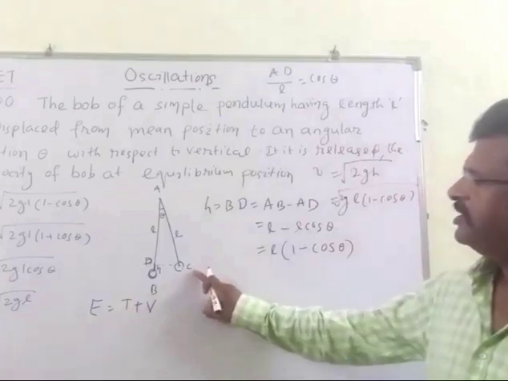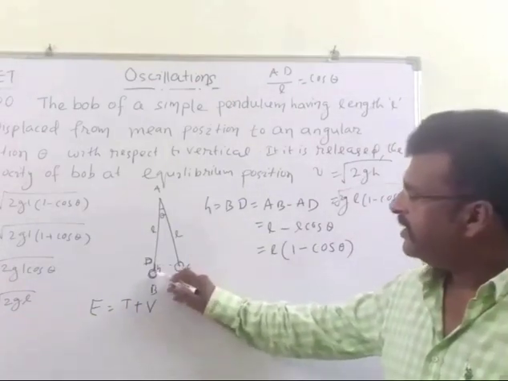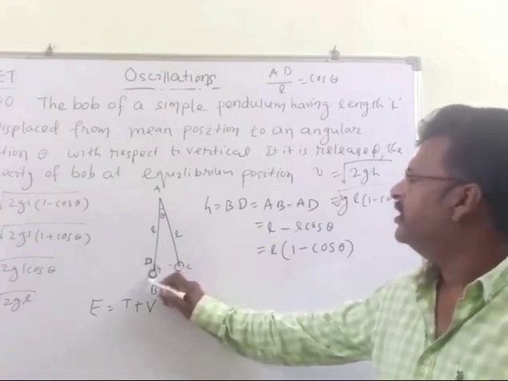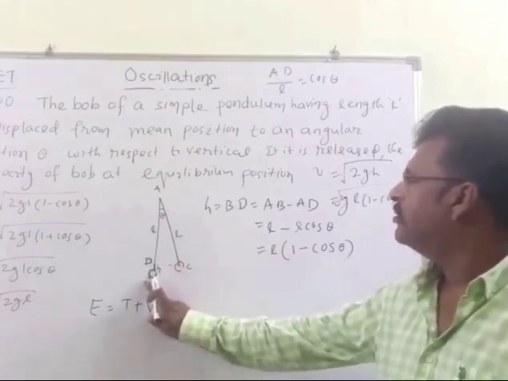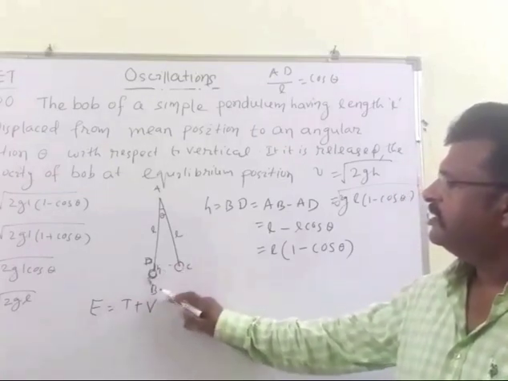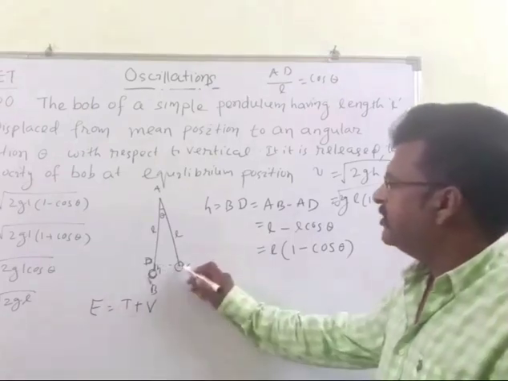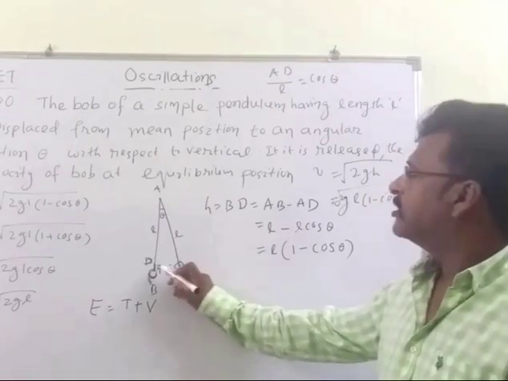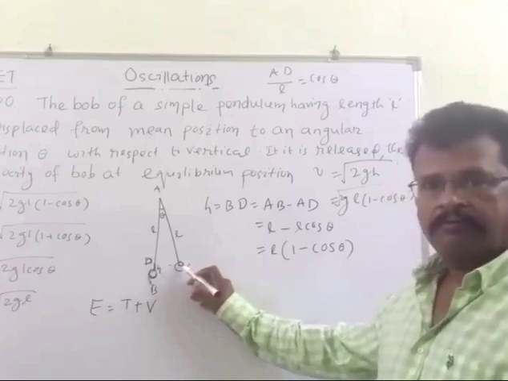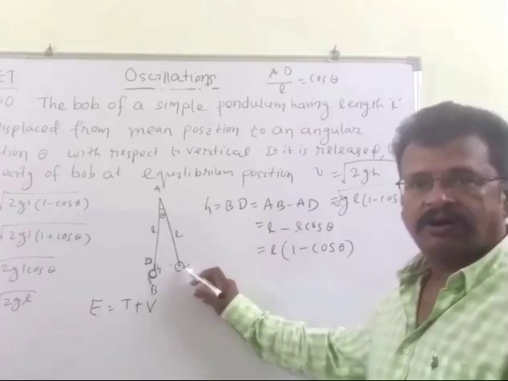At this point C, you see, students, this point C is at h height above the point B. At point C, the displacement of the bob of the simple pendulum is maximum, and this distance is called the amplitude.